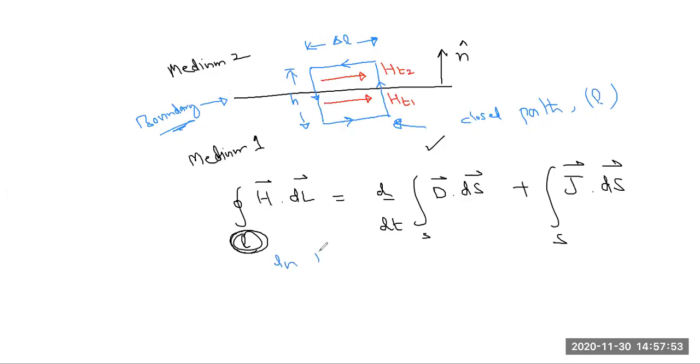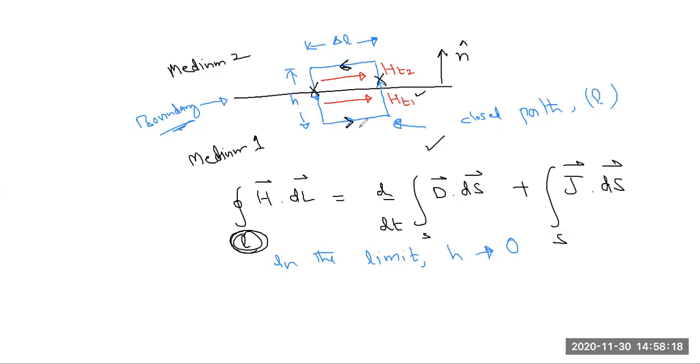That can happen if I assume that for this closed path, h is almost approaching 0. So it means these vertical dimensions will be 0, and we will only end up with this one and this one.